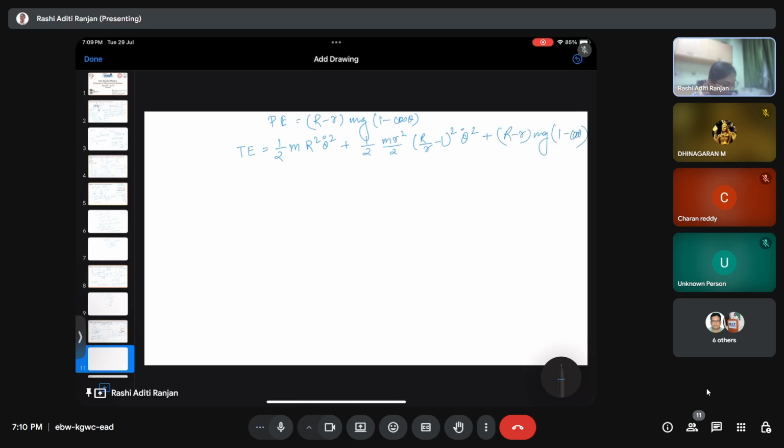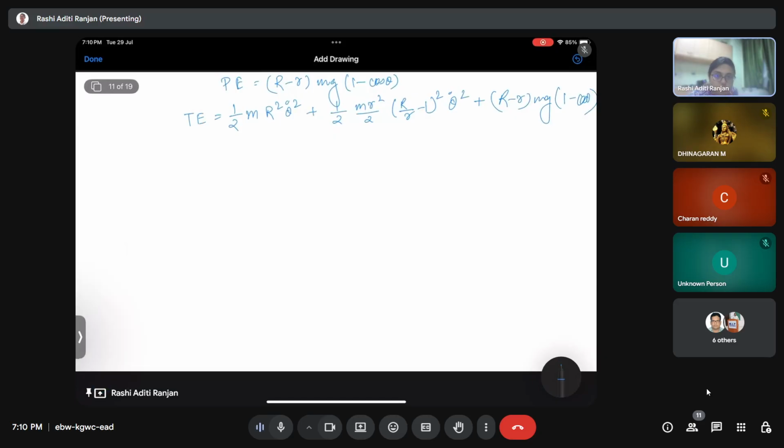Okay, I have to do nothing, but since the total energy is constant, d of total energy with respect to dt is going to be 0, right? So I can evaluate by differentiating, and we'll get (m r square plus m r square by 2)(capital R by small r minus 1) square theta double dot into theta dot plus cos theta.